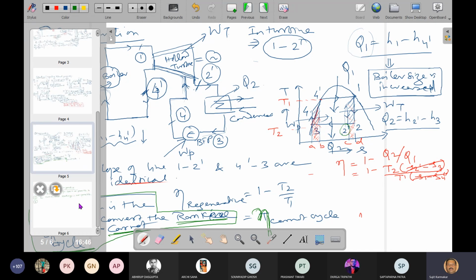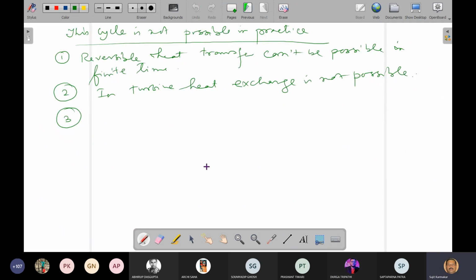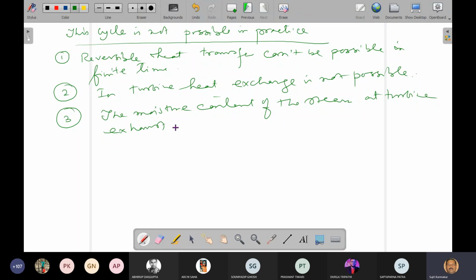So you can write it down: the moisture content of the steam at the turbine exhaust will be high. So that's why we cannot go for this particular way.